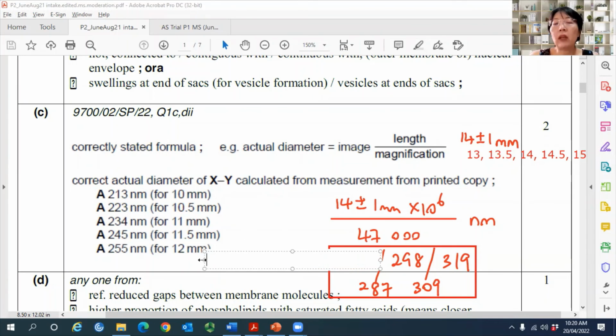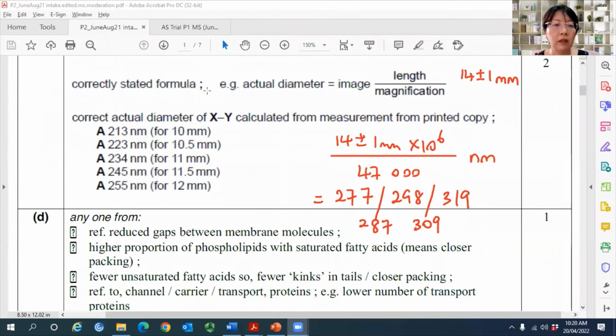Now, let's say some students' calculation is correct, but the rounding up part was wrong. For example, 276.66667, the student rounds up to become 276. Of course, this is wrong. So how to give the mark when your rounding is wrong? Everything is correct, then the rounding is wrong. 276.6 is supposed to be 277, right? The student will write 276. So therefore, wrong.